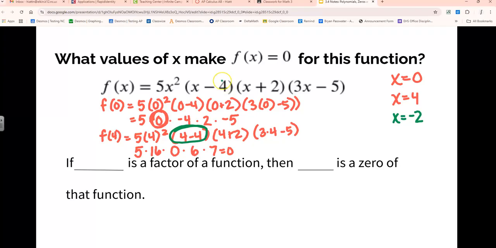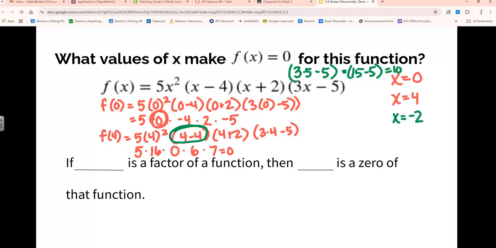And so 5 is like a good guess, but look what happens for this one. If you do 3 times 5 minus 5, you'll get 15 minus 5, which is 10. So that 3 is messing us up right there. We can't just use the opposite sign with that.